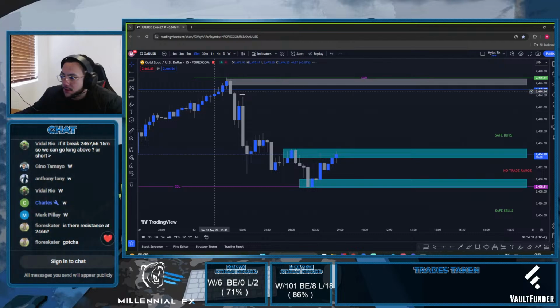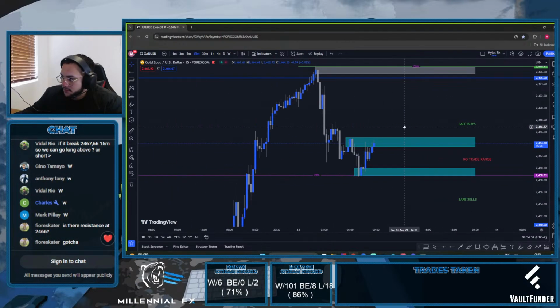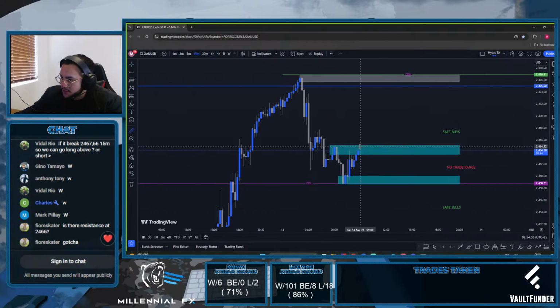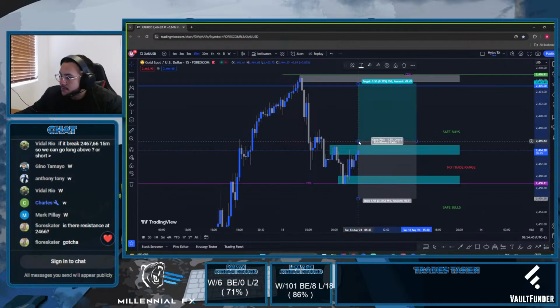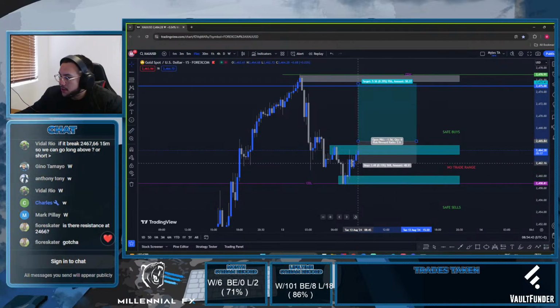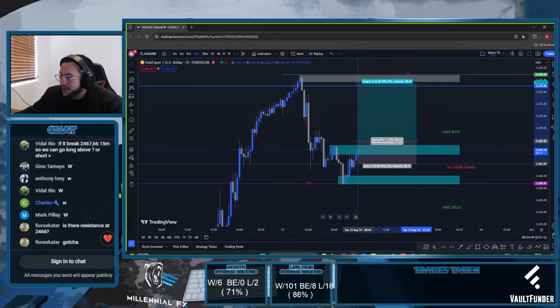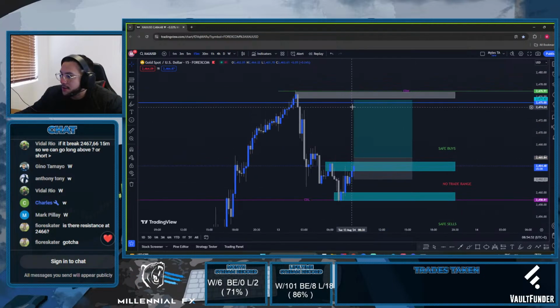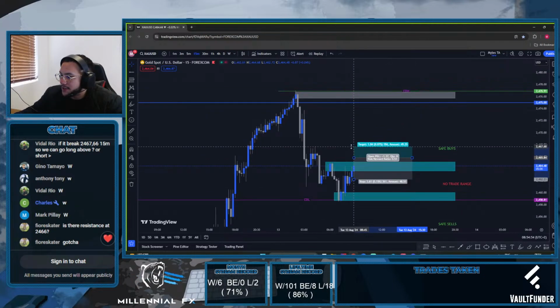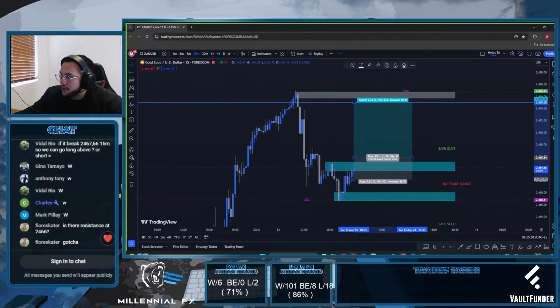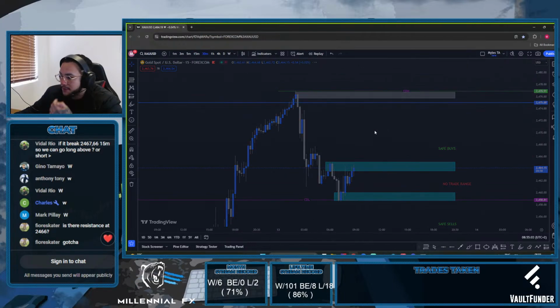Closure in 5 minutes. If I have to take entry, boys, it's obviously going to be somewhere around here. Let's just say it's like there. That stop will need to be somewhere around here, for like a 30 pip stop loss, something like that. 30, 35 pip stop. We'll target these highs over here, and then that over there, that over there, and then finally QP. So the runoff area is quite large for the buys.